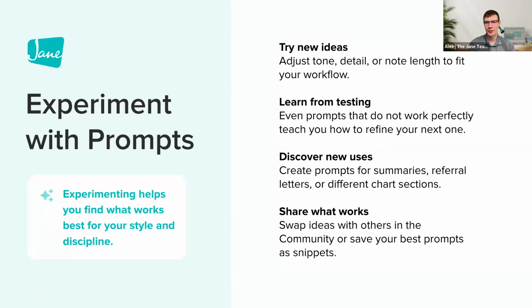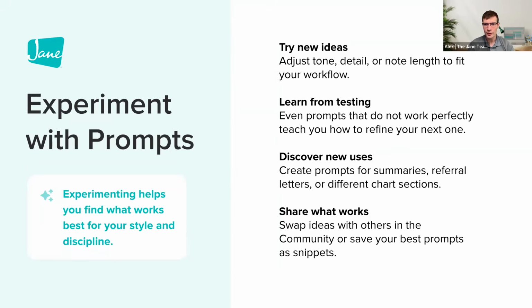There are lots of things you can try, like changing the tone, shortening a note, or switching spelling such as Canadian or US English. You can also set up a chart with multiple sections and see how prompts fill each of those sections. We actually noticed the same thing in our own testing, where we gathered some of those examples in the AI Scribe Guide as a result.